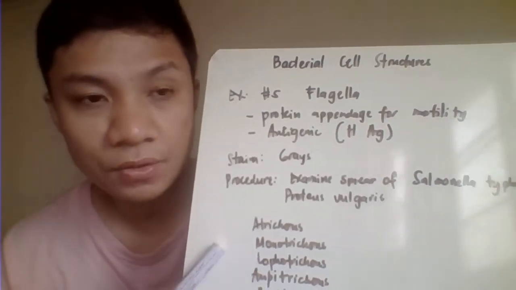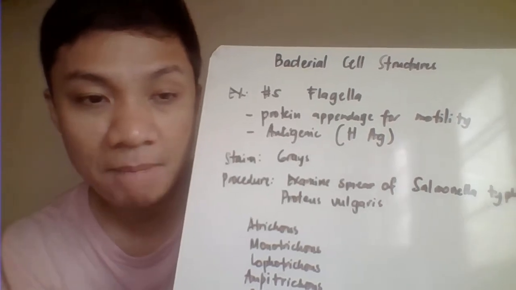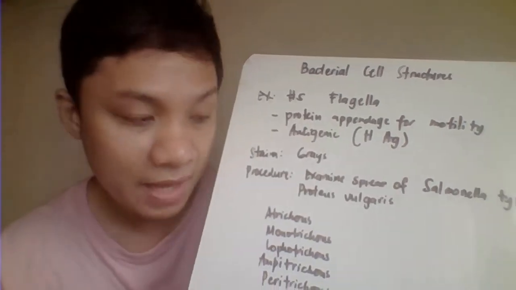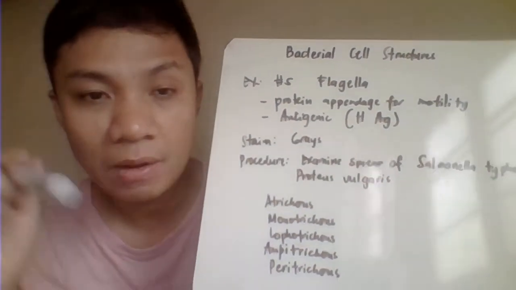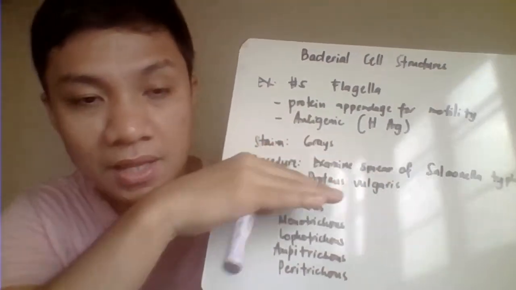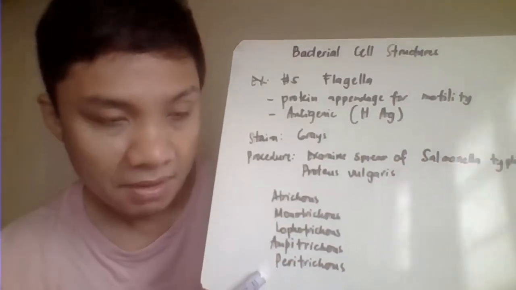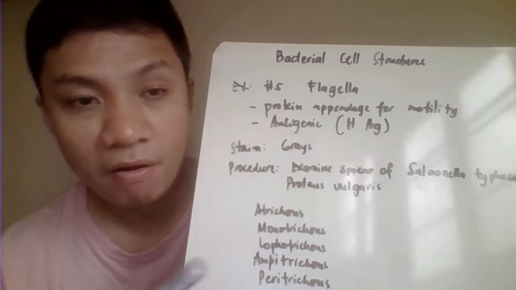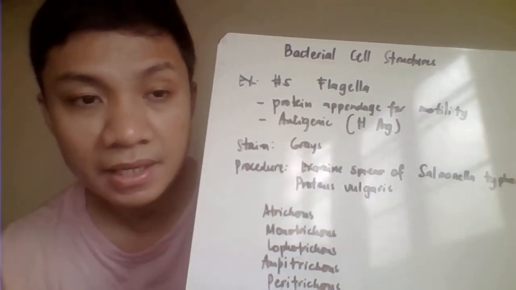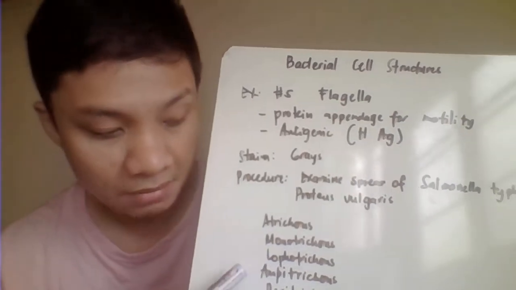Lophotrichous has many flagella but on only one pole or one end. Amphitrichous has flagella on both ends, one here and another one on the other end. Peritrichous means the entire body of the cell is covered by flagella.